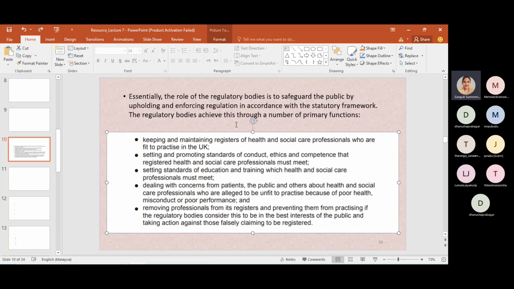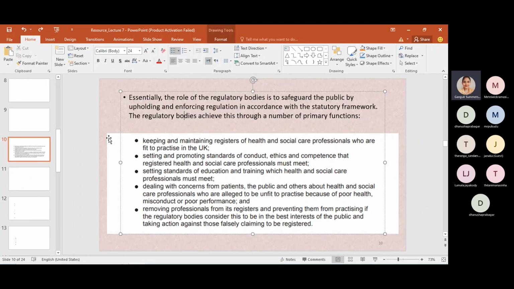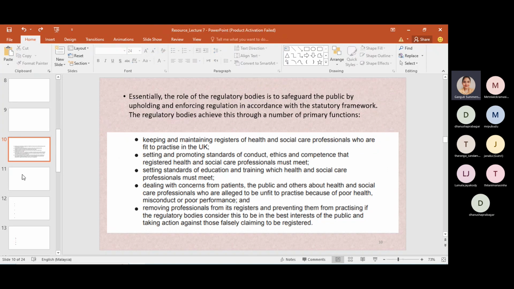If these regulatory bodies find out that health and social care professionals are not complying with the standards, they will immediately remove them from their registers and prevent them from practicing in the United Kingdom. So that is another main function done by the regulatory bodies in the UK.